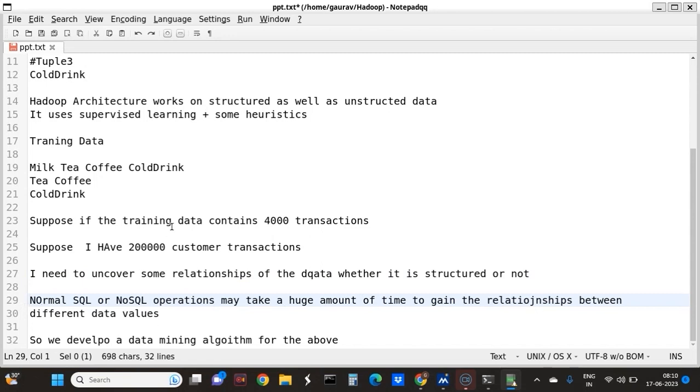If you are using normal SQL or NoSQL, it may take a huge amount of time to gain relationships between different values because we will have to have joins, inner queries, subqueries, and multiple tables for normalization. So SQL or NoSQL are not suitable for larger transactions where you want to uncover relationships. That's why for data mining purposes we use Hadoop.